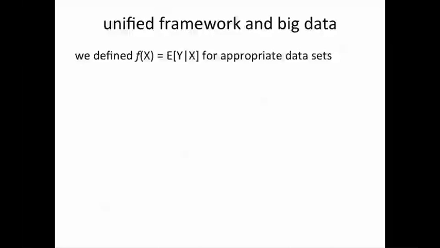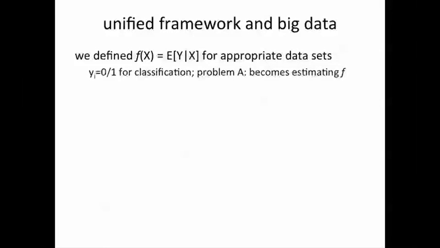Recall that we defined this function f of x, where x is the set of features which can take various values in a large space, as the expected value of the output, which could be 0 and 1 for classification, etc., for appropriate data sets. So we defined this not on the original data, but on other types of data.